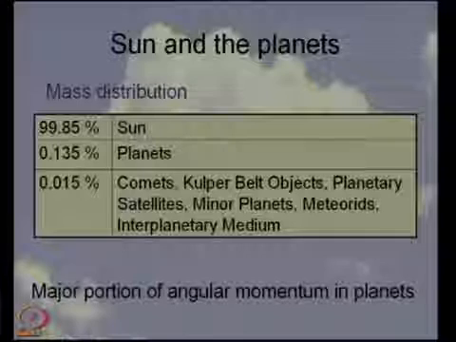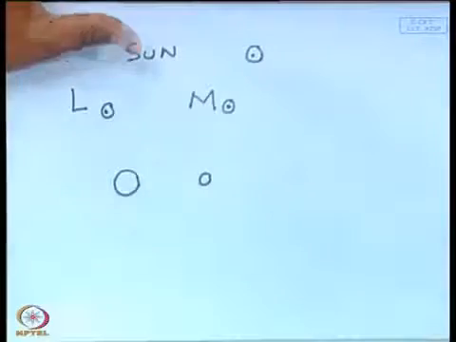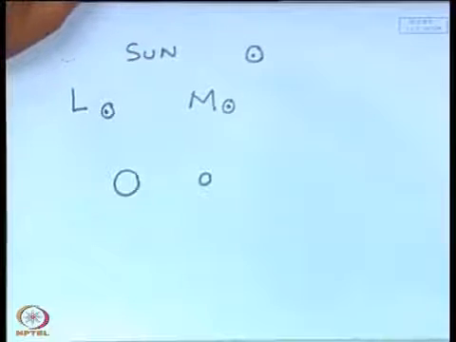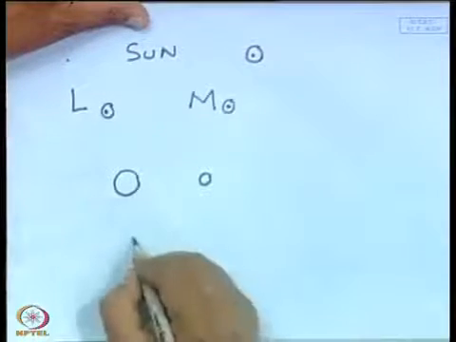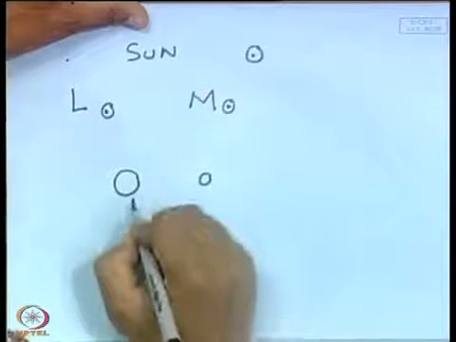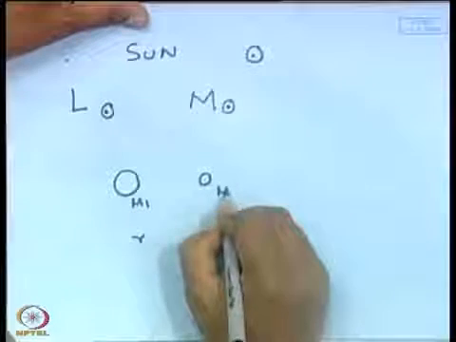So, when we discussed the two body problem, let us just go back to the two body problem, we have two masses. Let us just consider the earth and the sun as two masses, forget about everything else. So this is m1, this is m2.